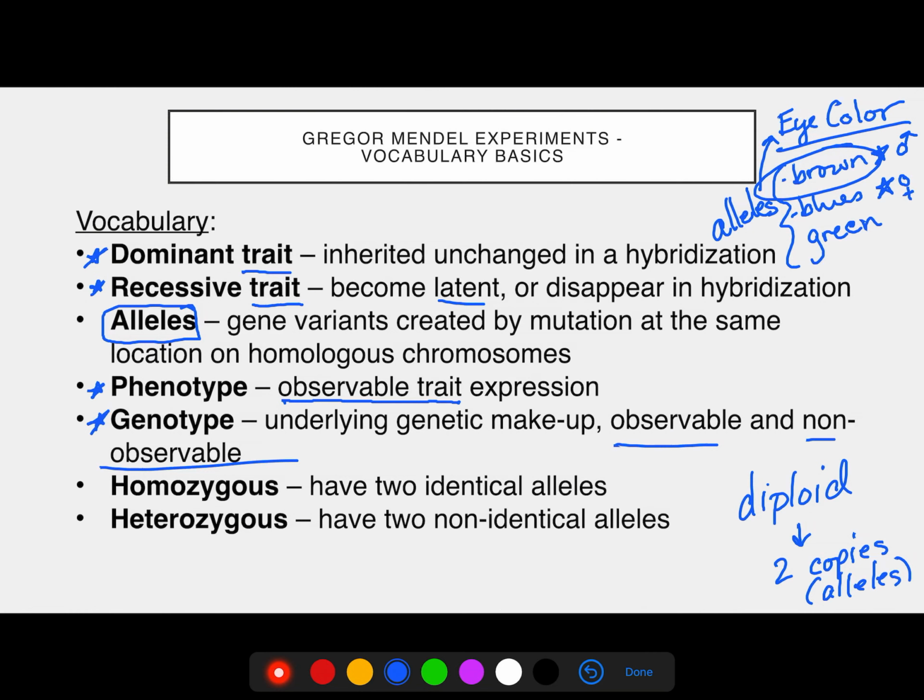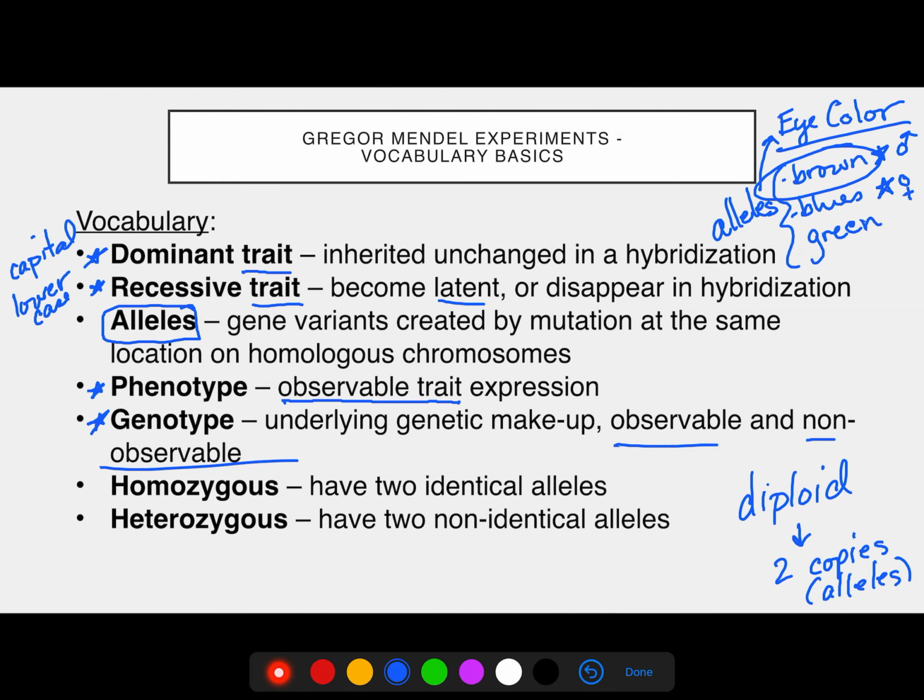Now, the way that we typically talk about the genotype itself, we use letters to represent the dominant and recessive traits. Dominants use capital letters, recessive use lowercase letters, and we group two letters together depending on what dominant and recessive traits you have.